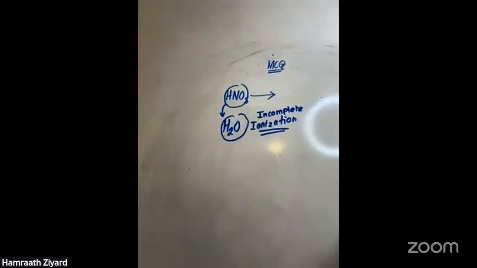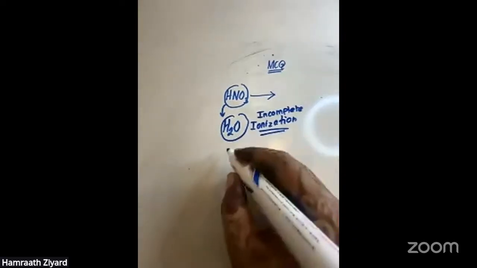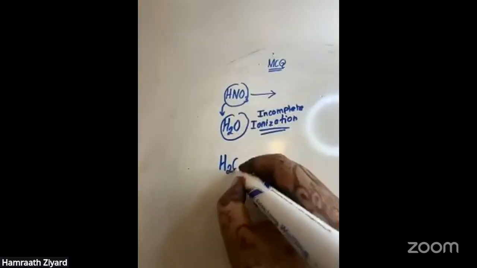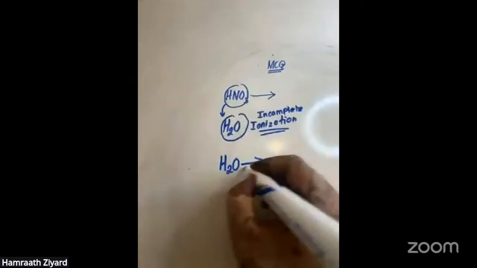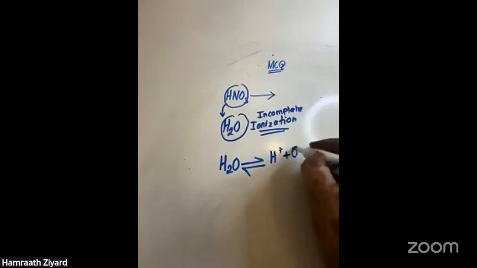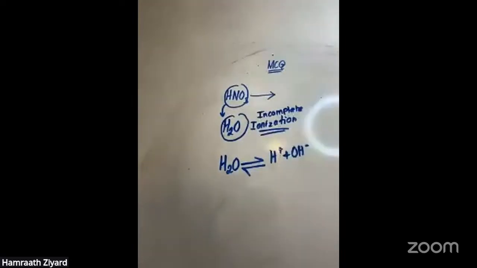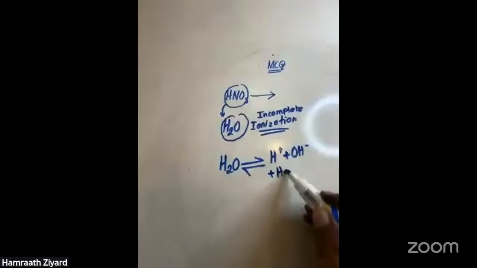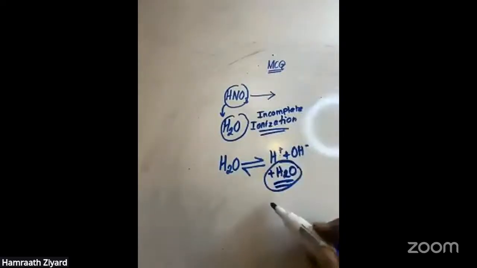So if it is undergoing incomplete ionization, what will be the ions present in the water? If I'm taking water, H2O, you will indicate it by a double arrow, which will be H plus ion plus OH minus hydroxide ion. So this is how we can say there will be the presence of water.